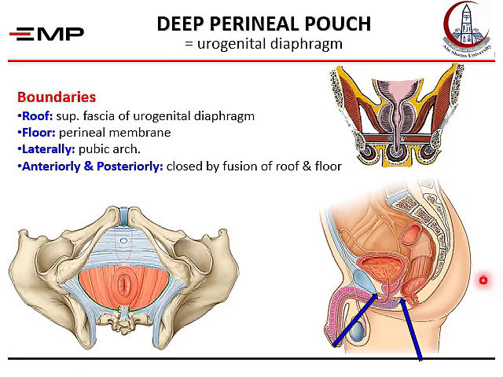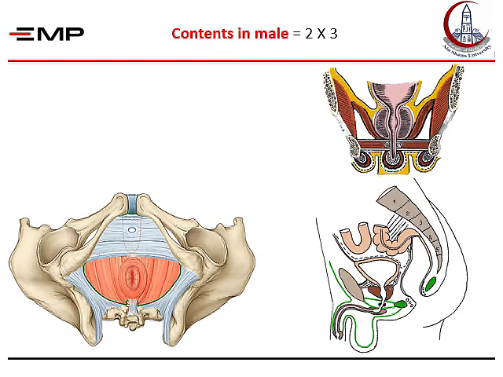Anteriorly and posteriorly, this is closed by fusion between the perineal membrane and the superior fascia of the urogenital diaphragm. They are fused anteriorly and fused posteriorly. So this space is completely closed. Its contents in the male are 2 times 3. We'll see how.